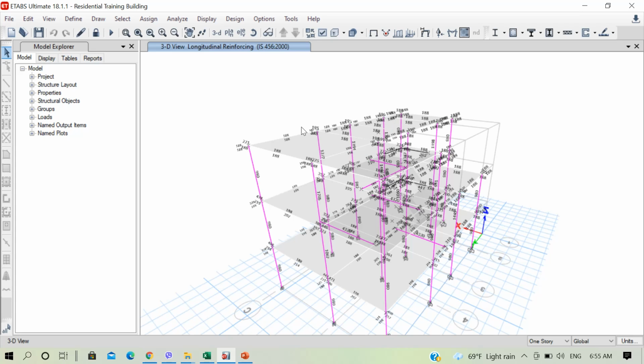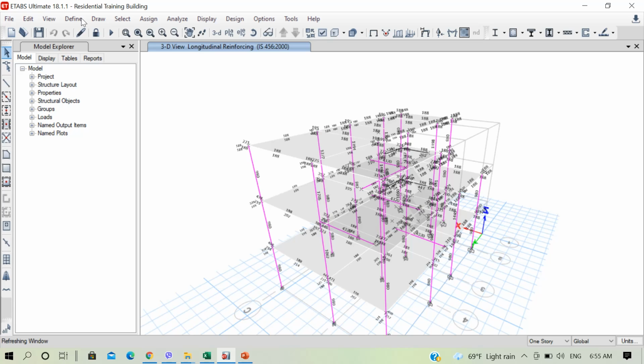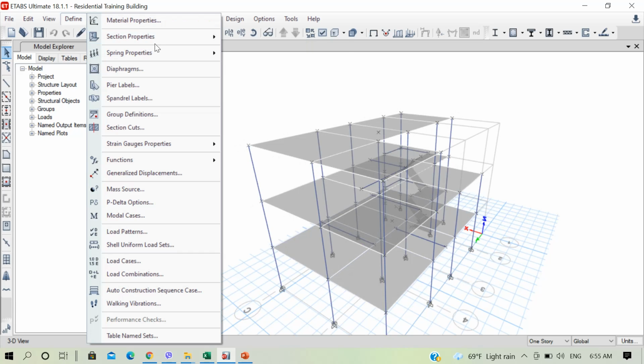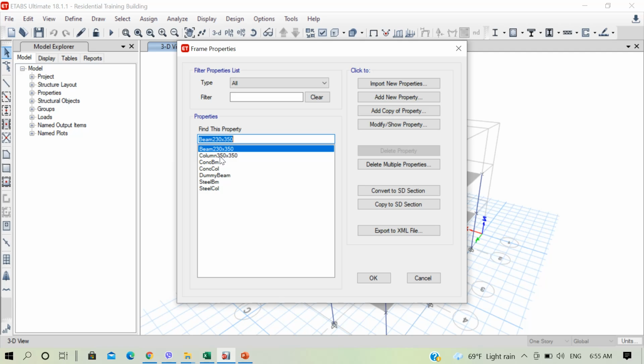What I did for that was I unlocked the model, and then let me show this again. I unlocked the model. I went to define section properties, frame sections. Previously there was column 400 by 400, now we have column 350 by 350.